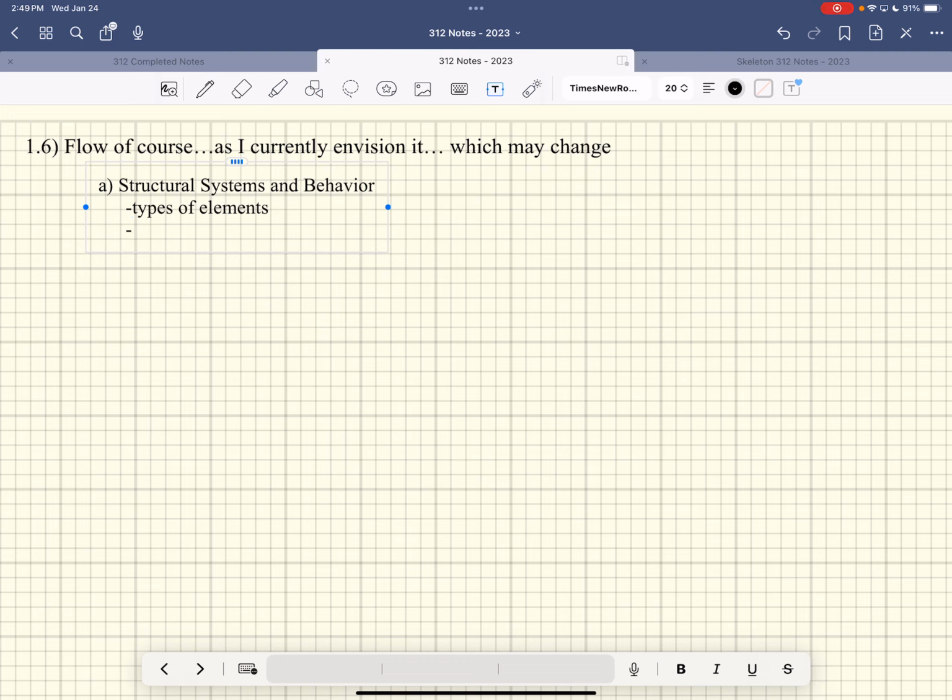We're going to talk about gravity systems and lateral systems. You have gravity loads you have to resist, and you have lateral systems. We're going to define what we mean by those two systems. I'm going to talk about load paths.